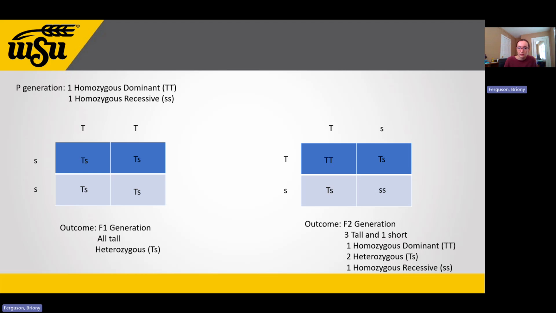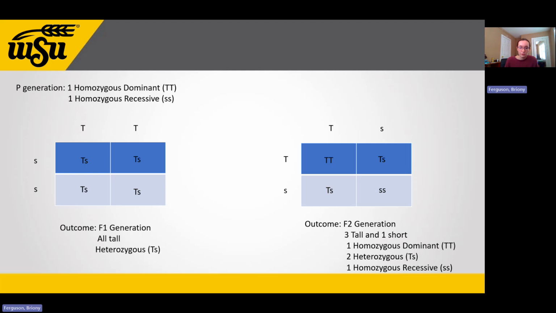You can also see in this one, those are your genotypic ratios. So for this F2 generation, you're going to have one homozygous dominant, or TT, one homozygous recessive, or SS, and then two heterozygous.